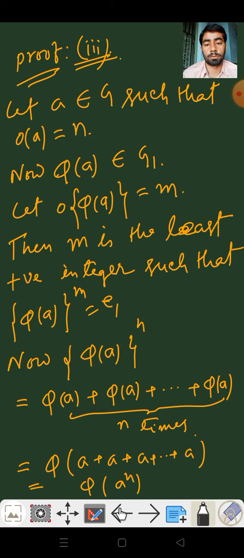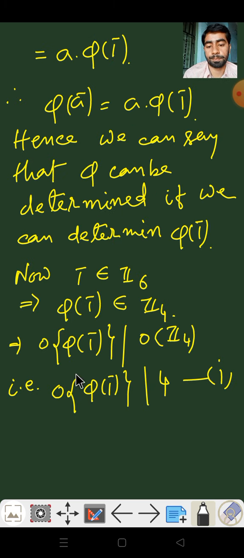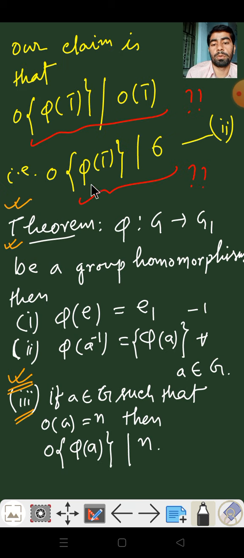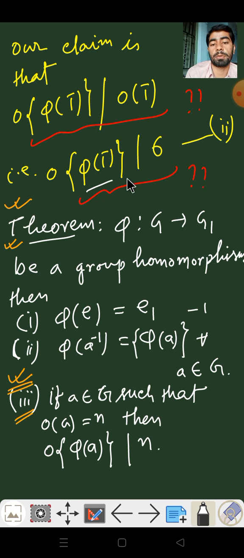So from here, the order of phi of class 1 divides 4, and from 2, the order of phi of class 1 divides 6 also.